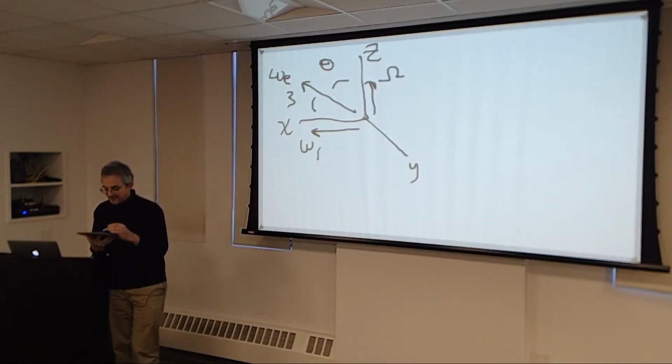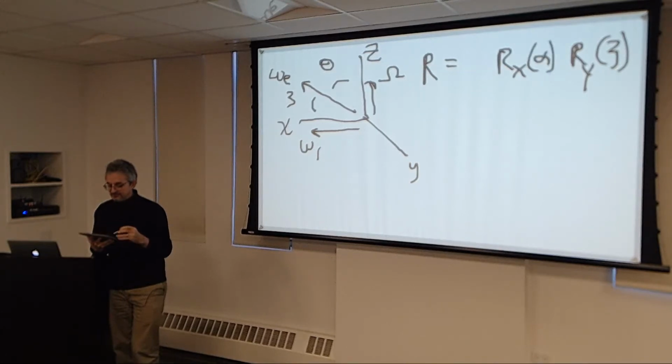So that would mean that the net rotation is going to be, first of all, a rotation around Y by zeta, then a rotation around X by the angle alpha, which is omega E times the length of the pulse, and then a rotation around Y by minus zeta.